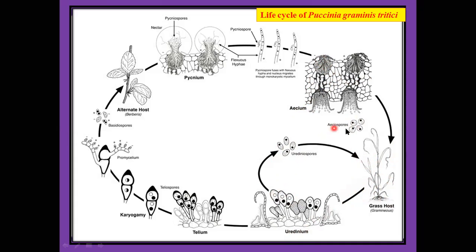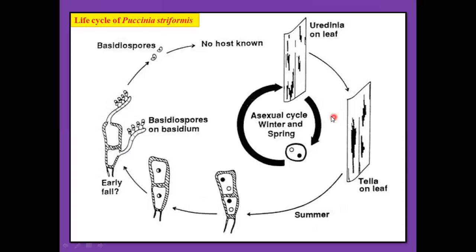In this way secondary infection takes place, and these pustules develop the teliopustules. These teliopustules having the teliospores, and these teliospores germinate under favorable conditions to produce the promycelium. This basidiospore is generally produced on the surface of this basidium, and it directly infects the alternate hosts and develops the pycnidium and aecium. Okay, so this is the life cycle of Puccinia graminis tritici.